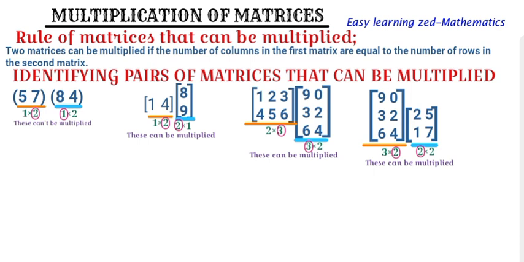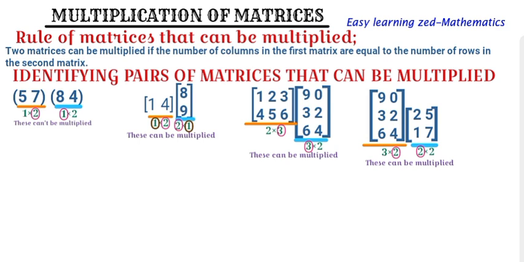Let's talk about these outer numbers, the ones I've circled in brown. What do these outer numbers tell us? They tell us that the product we are going to get after multiplying these two matrices should have the order of 1 by 1.